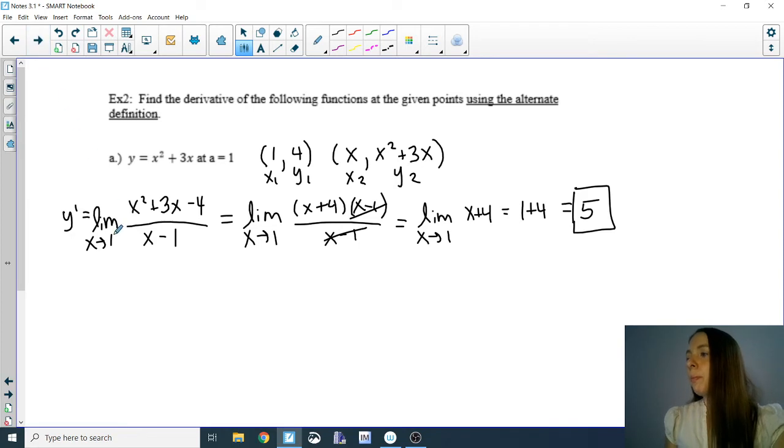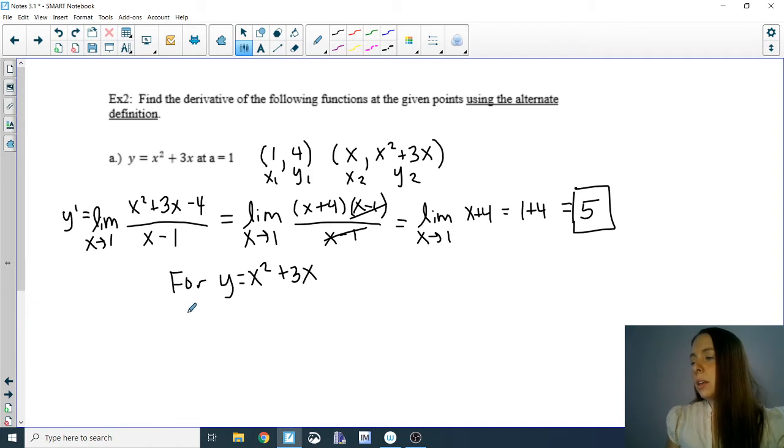Okay. Oh, let's do what we did in the last video as well. Again, this is not something that's required, but I just kind of like it to remind you of what we just did here. We said for y equals x squared plus 3x at x equals 1, y prime is equal to 5.